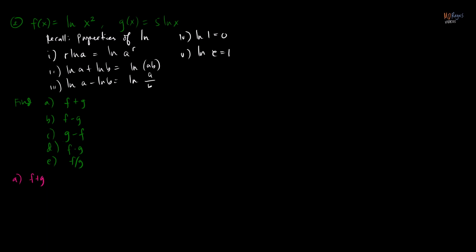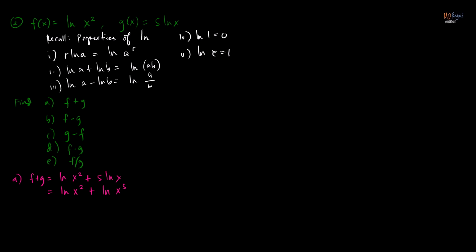f plus g is actually f of x plus g of x. It's ln of x squared plus 5 ln of x. But if we look at the first property that I have written on top of the page, the second term can be written as ln of x to the fifth.